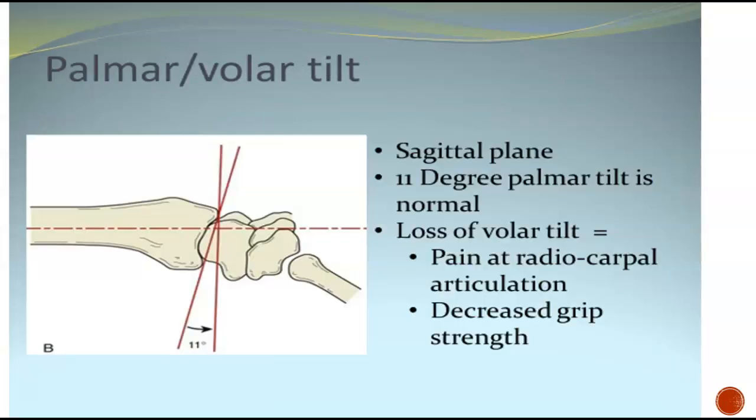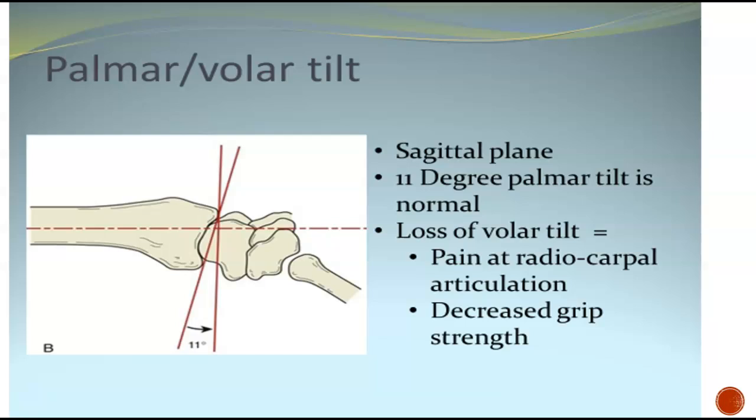Here, as you can see, is a normal palmar tilt at 11 degrees. To note, students, and of importance when you're treating someone with a distal radius fracture or disturbance to the anatomical features of the radius, a loss of palmar tilt will equate to pain at the radiocarpal articulation.